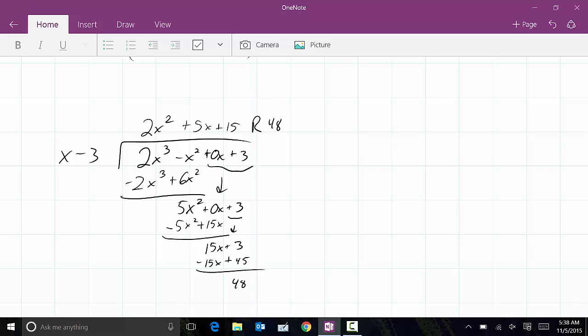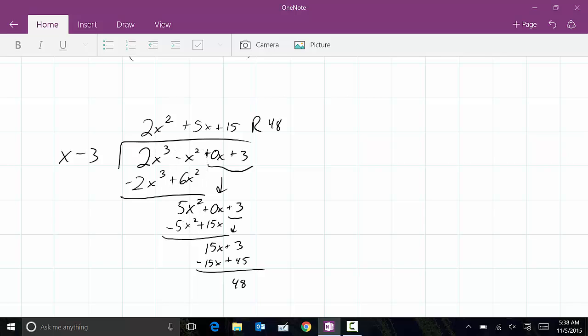Now, if we go through this process, first of all, there's a lot of recopying and symbols that we're using here. If you're really careful about lining up all of your terms, so the x cubes are lined up here, the x squareds here, the x's all going here, and the numbers at the end, then we don't really need to write all the x's and stuff like that, do we?